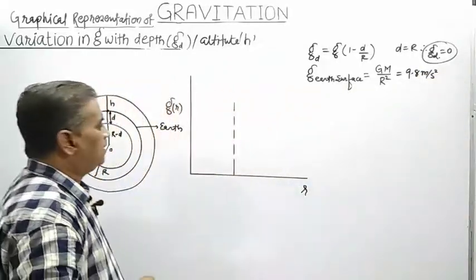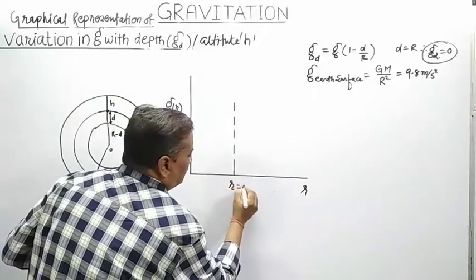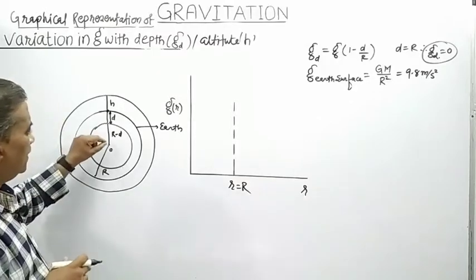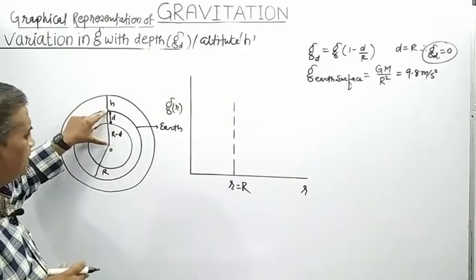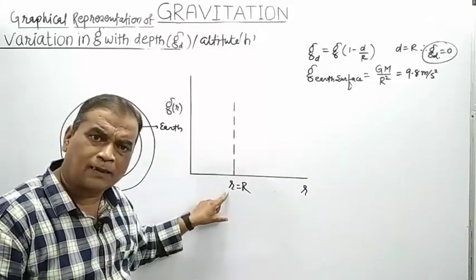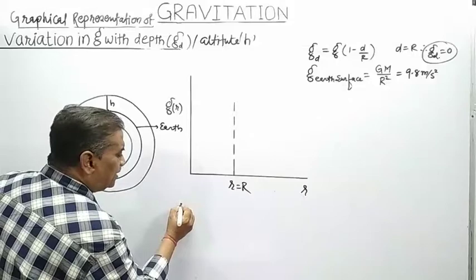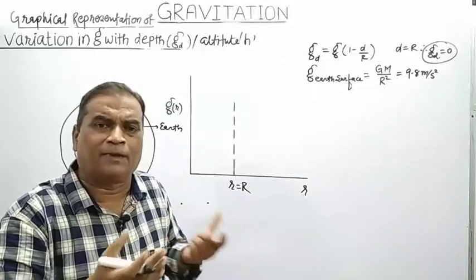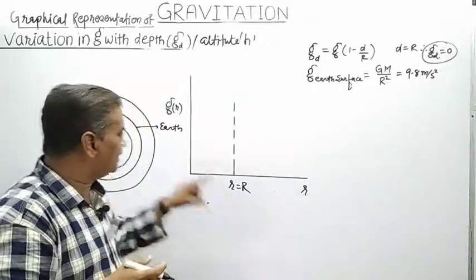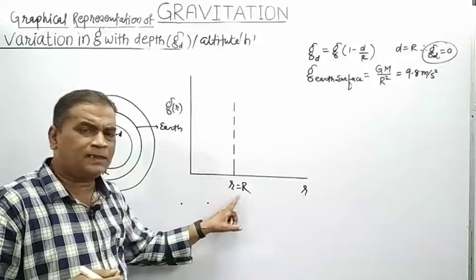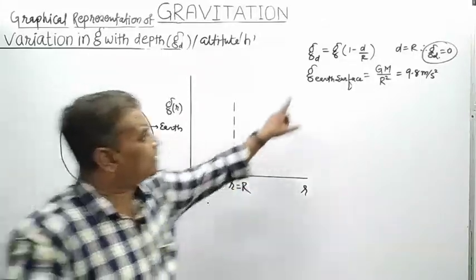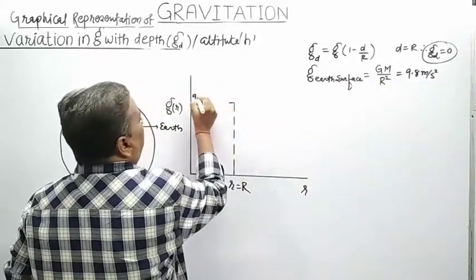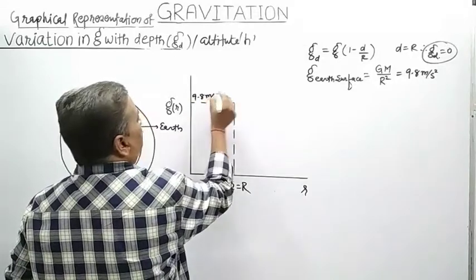Remember that when the object is on the surface of the earth, the distance between that object and the center of the earth is small r. Always remember, small r represents the distance of separation between the two particles between which we are measuring the gravitational force. So when the object is lying on the surface of the earth, r is equal to the radius of the earth. And acceleration due to gravity on the surface of the earth is maximum, and that maximum value is 9.8 meter per second square, equal to g.